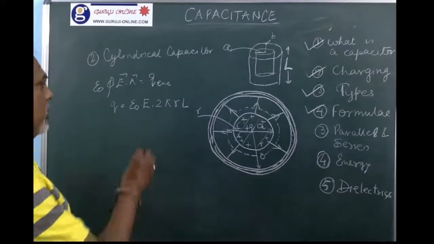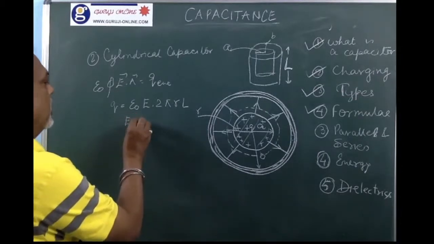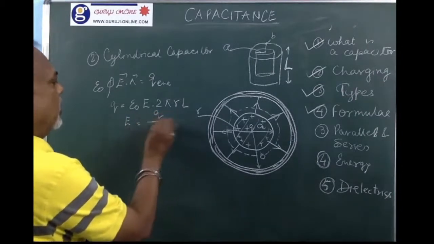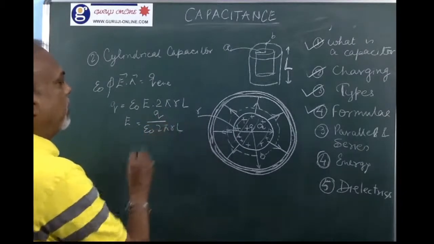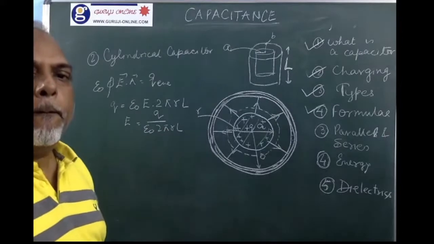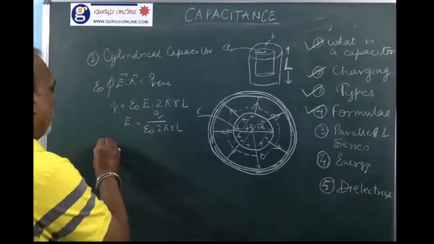Or E will be nothing but Q upon epsilon 0 2 pi R L. Now, what is V?